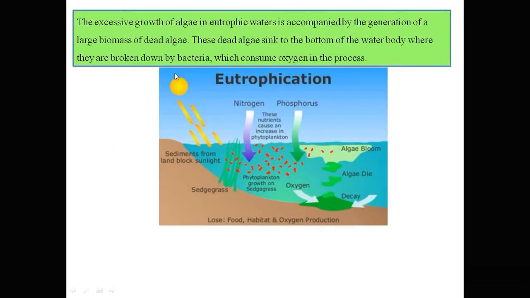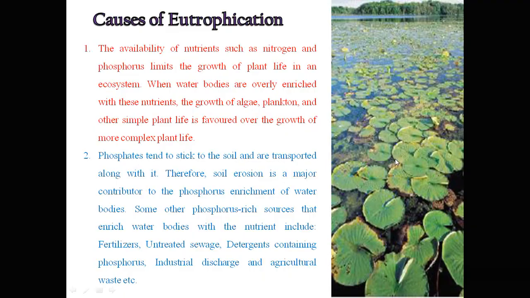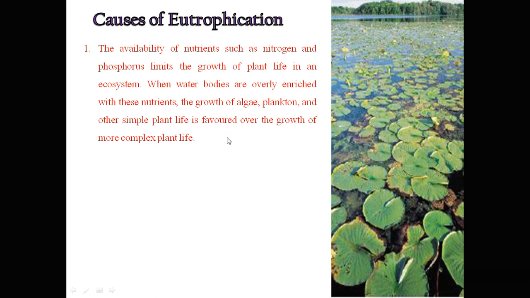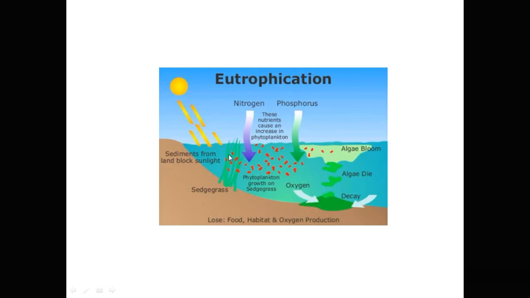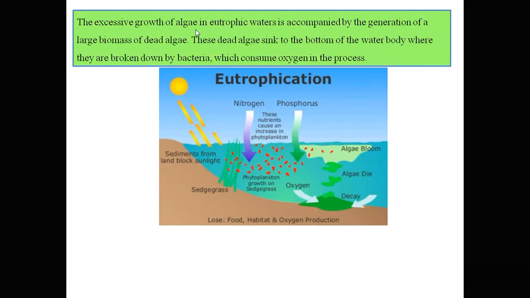Now the excessive growth of algae in the eutrophic water is accompanied by generation of large biomass. We learned in the previous slide that when the pond or water body becomes overloaded by nitrogen and phosphorus, there will be more growth of algae and plants, and this excessive growth, which we call a bloom of algae or plants in eutrophic water, is accompanied by generation of a large biomass of dead algae.